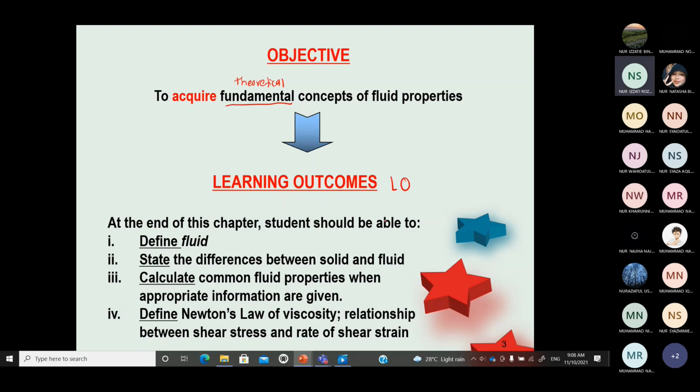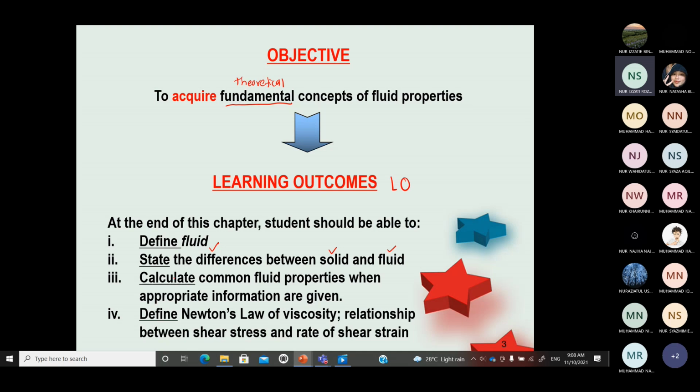So as I explained yesterday, at the end of this chapter 1, you as a student should be able to define fluid. What is fluid? You must be able to state the difference between solid and fluid, right? So solid is not a fluid. So you must know what is the difference between solid and fluid.